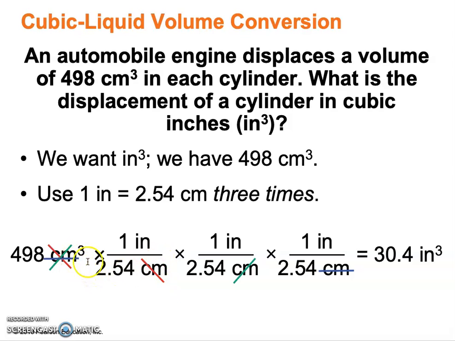So the 3 cancel, 1, 2, and 3. That gives you the final unit of inch multiplied by inch multiplied by inch, which gives you cubic inches. This is how you set up a cubic and liquid volume conversion.